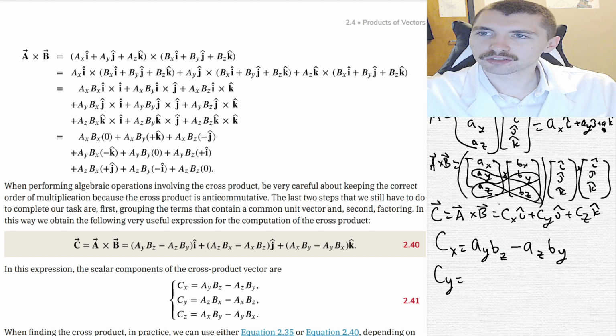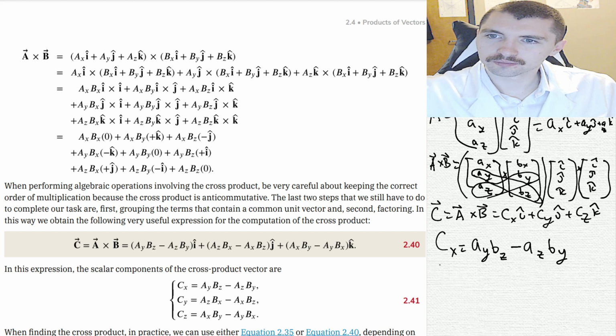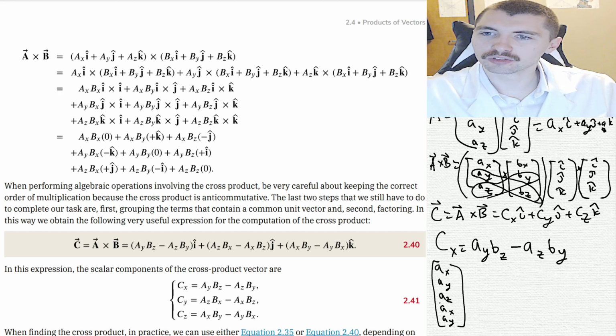So if you imagine this continued, where these are the same values, and this is just a repeat sign for notation purposes.